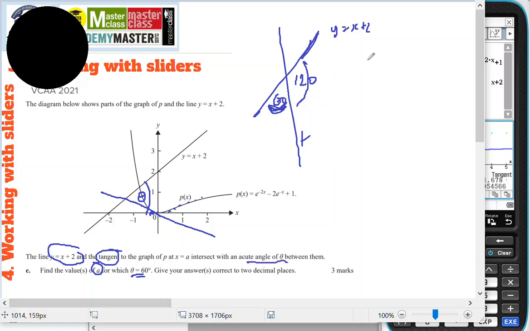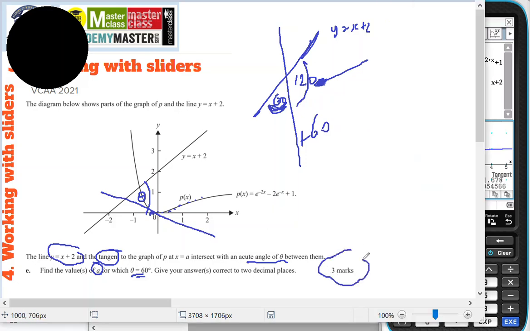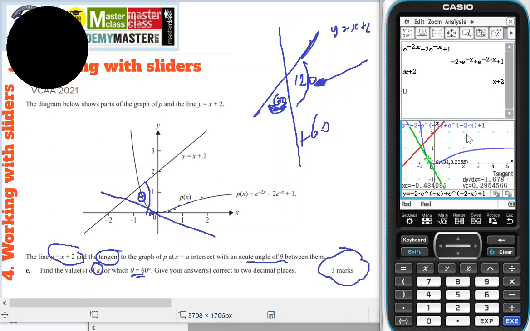So I can get 60 degrees between them when the angle between the two lines is 120 or when it's 60. So I reckon to this question there's going to be 2 answers, and that's a little bit as to why it's worth 3 marks. You get 2 marks for finding one of them and 1 for finding the other.